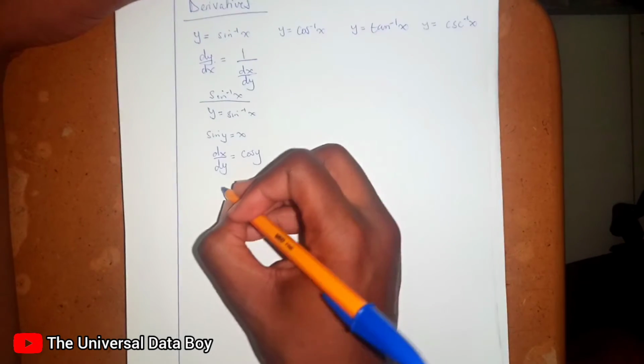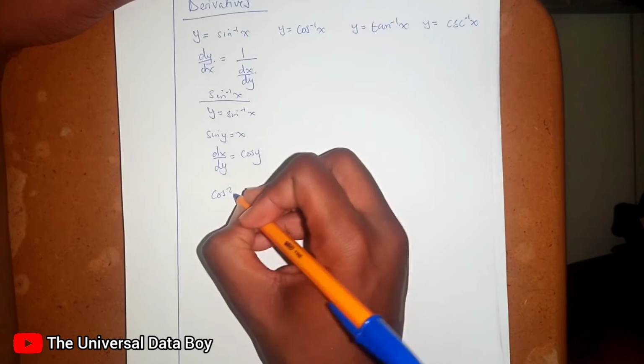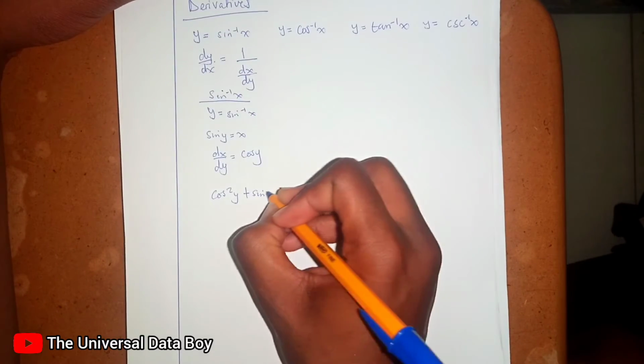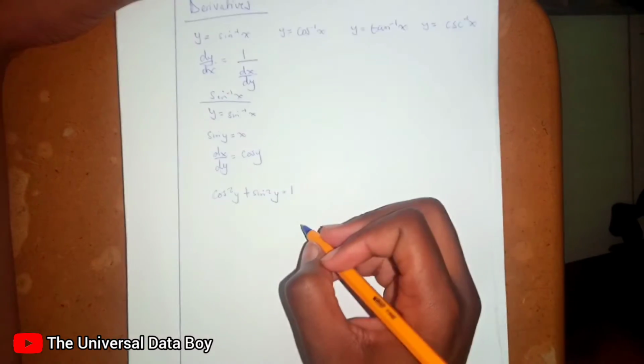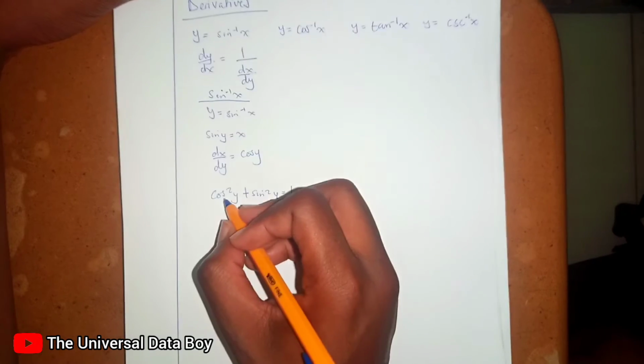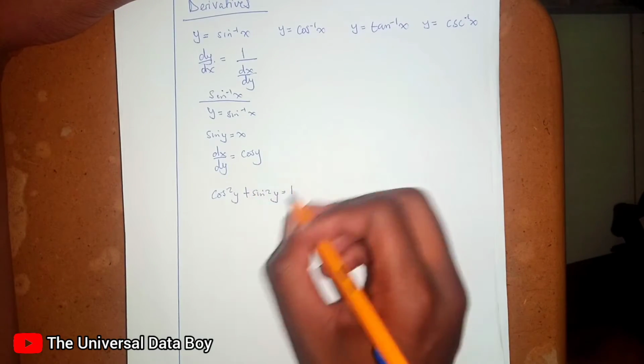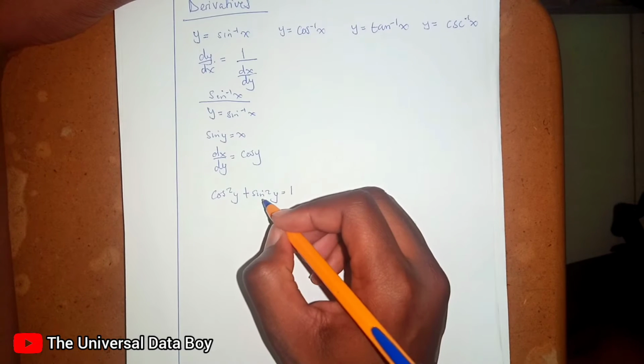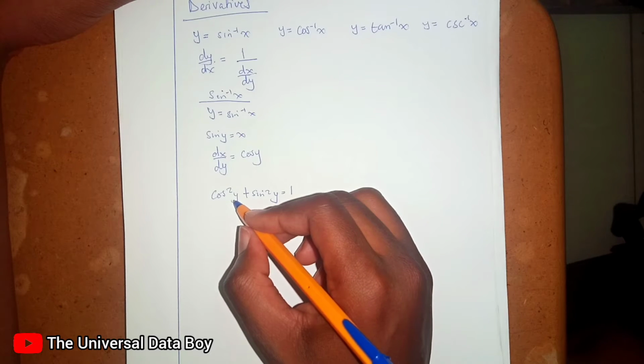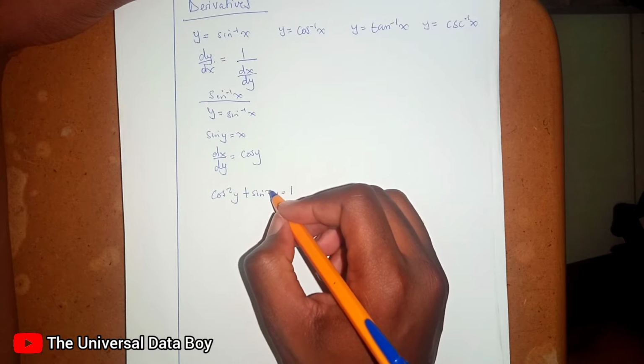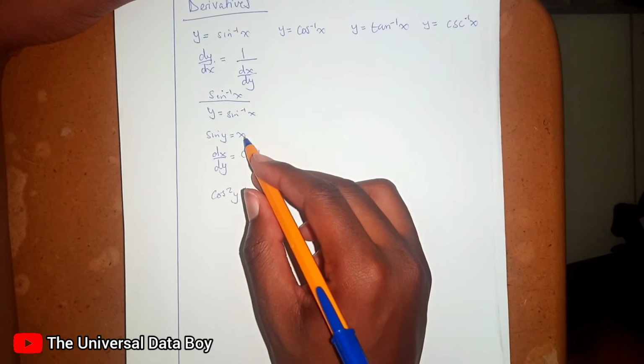Now we know cosine squared y plus sine squared y is equal to 1. For us to have cos y as the subject of the formula, we use this equation. Making cos y the subject, we're going to have sine squared y, and we know what sine y is with respect to x.